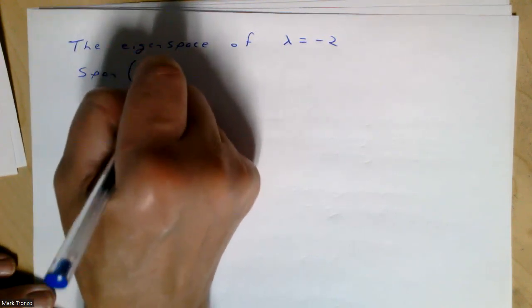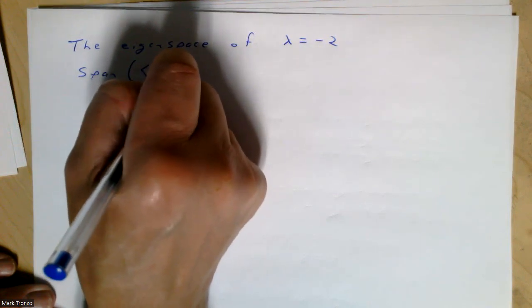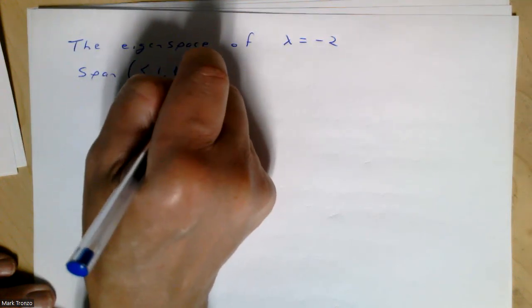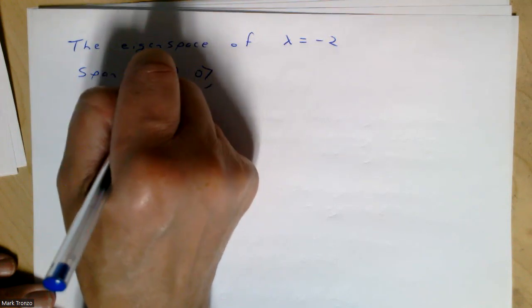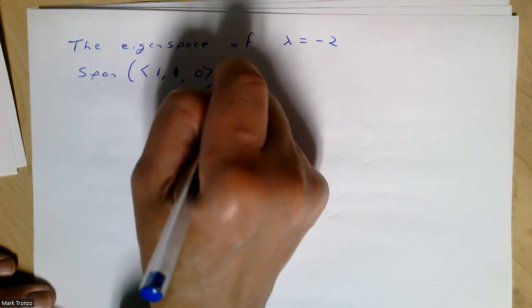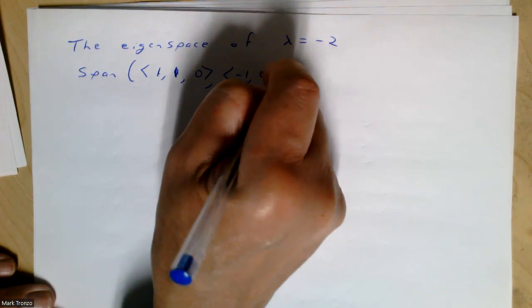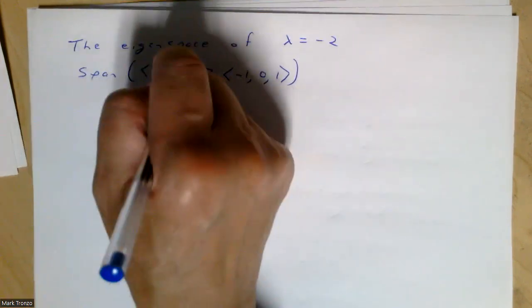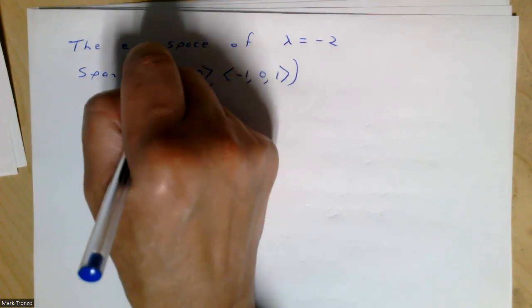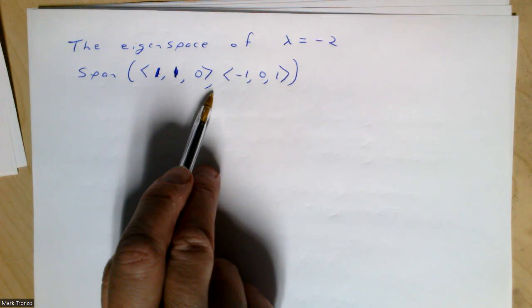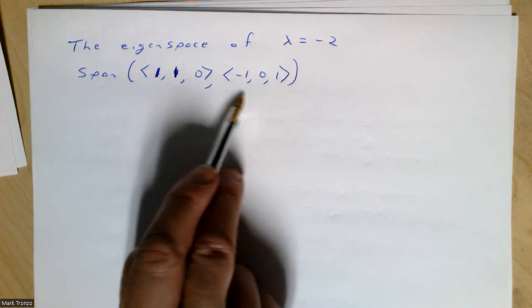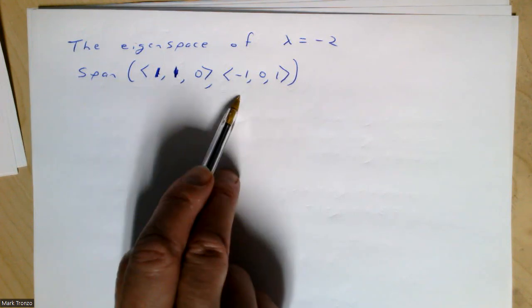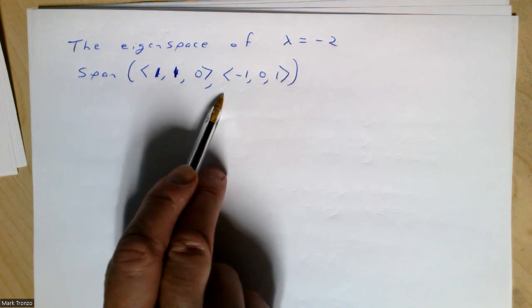And the eigenvectors were 1, 1, 0, and minus 1, 0, 1. Because remember, all scalar multiples of an eigenvector gives you an eigenvector. And so the span, all the possible linear combinations of these two, will give you the eigenspace.